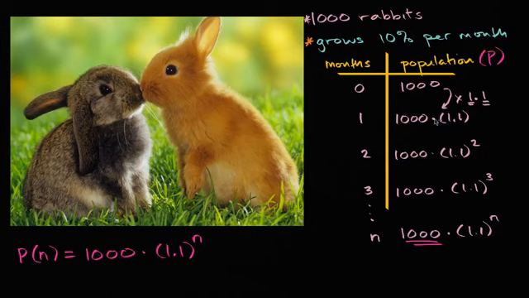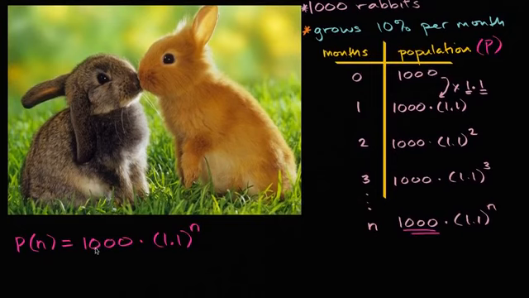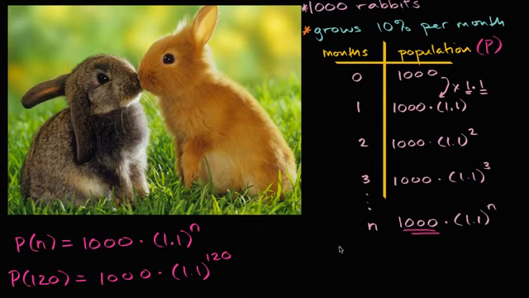And you might say, okay, well, this makes sense. It doesn't look like we're getting crazy numbers. But just for kicks, let's think about what's going to happen in 10 years. So 10 years would be 120 months. So the population at the end of 120 months is going to be 1,000 times 1.1 to the 120th power. Let me get a calculator out to do that.